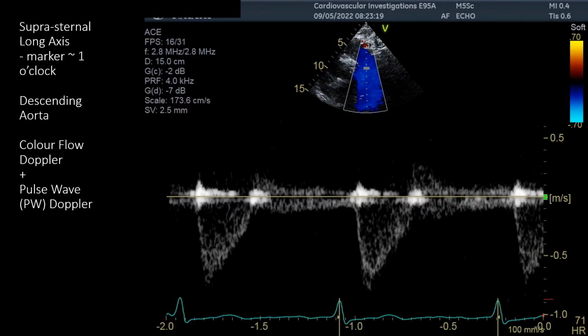And if we look at pulse wave flow in the descending aorta, we are looking for an absence of significant aortic regurgitation, which would be represented by flow towards the probe.